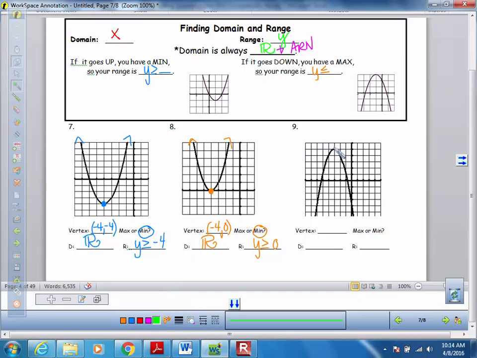Khalil, I want you to tell me, how do I get to this vertex right here? How would I have to move? Up, down, right, left? Where am I going? So from here, I'm going down to get there? Which way am I going? Up. How many up do I have to go? Five.